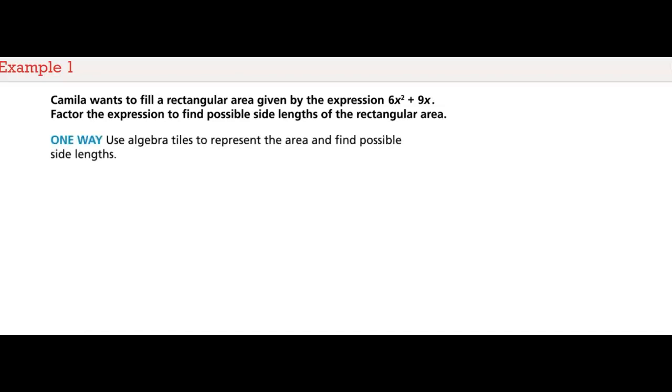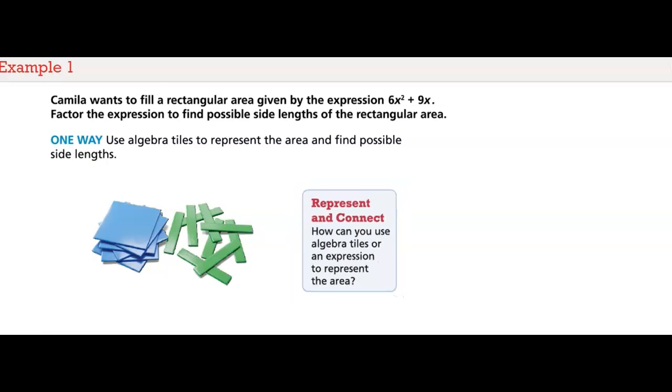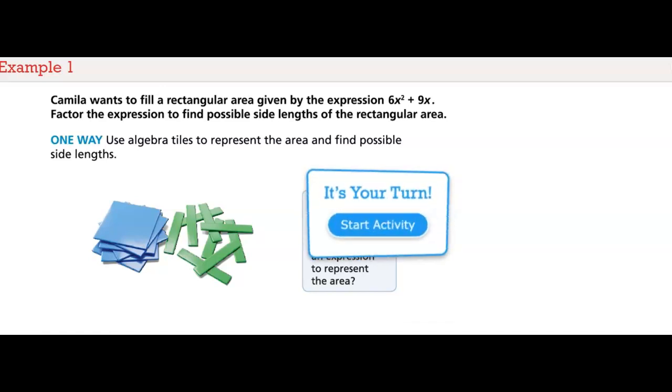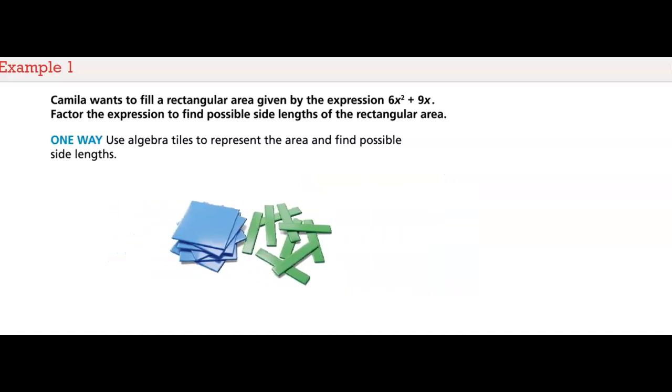One way to factor the expression is to use algebra tiles to represent the area and find possible side lengths. How can you use algebra tiles or an expression to represent the area? Use 6 x² tiles and 9 x tiles to represent the expression.